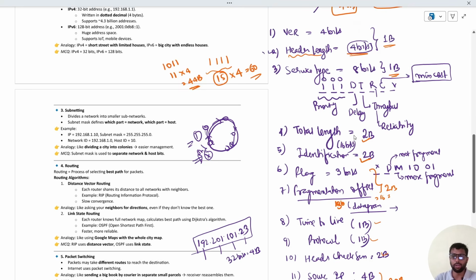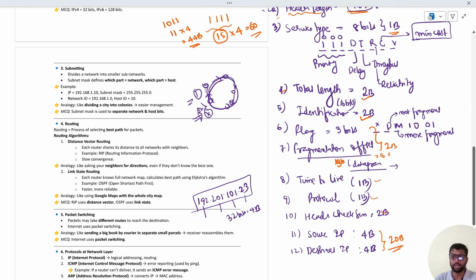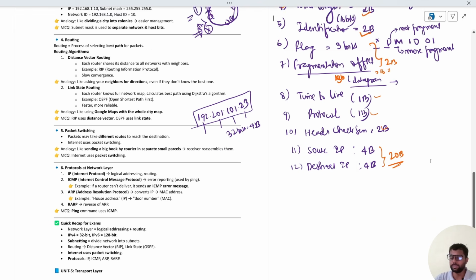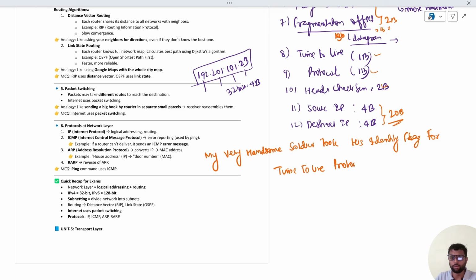And here we have to remember all these fields: the version field, header field, service type, total length, identification, flag, fragmentation, time to live, protocol, header checksum, source and destination. There is a mnemonic to remember this, which I understood as: My Very Handsome Soldier took his identity flag for time to live protocol.